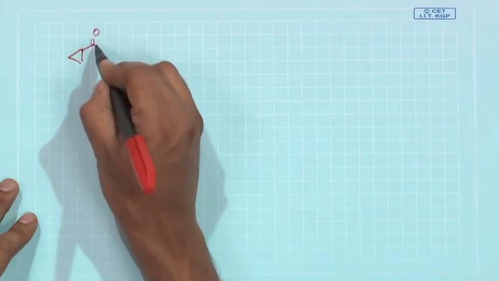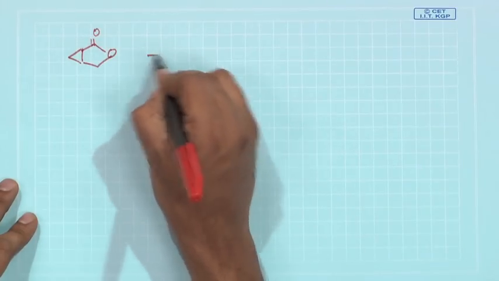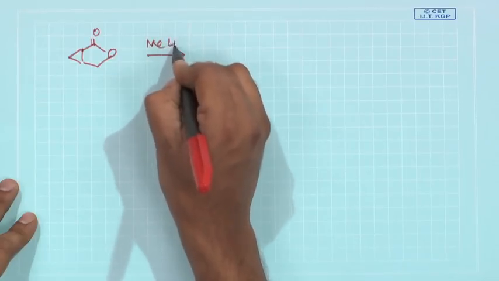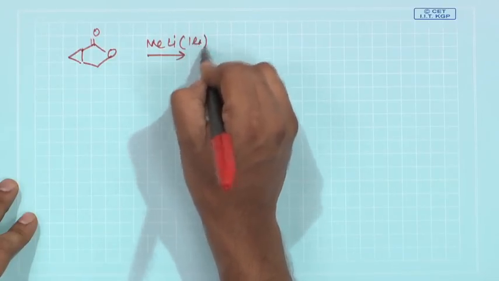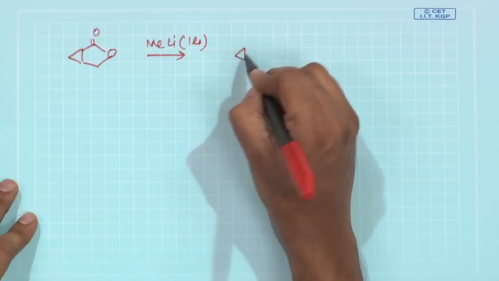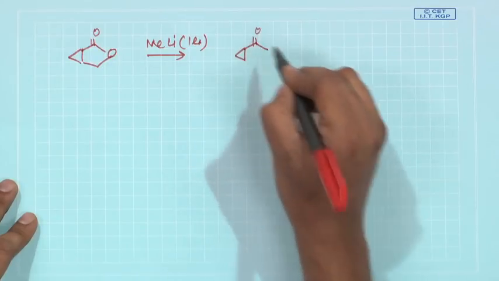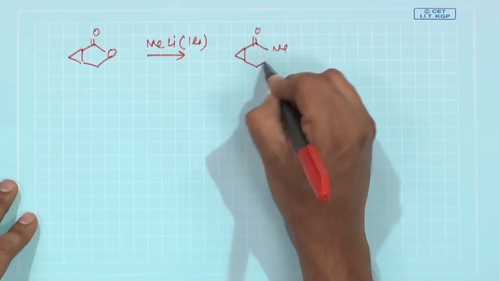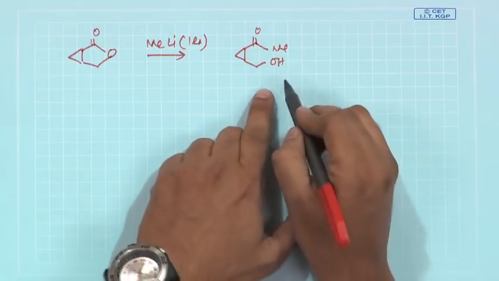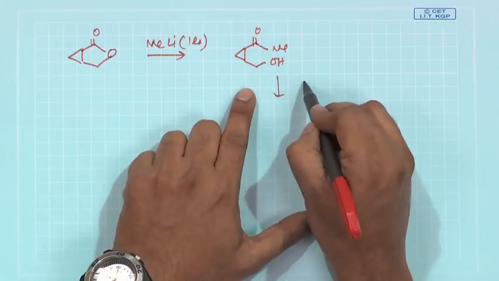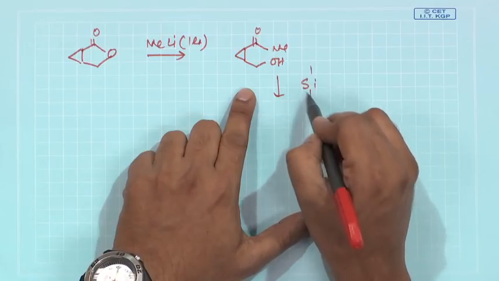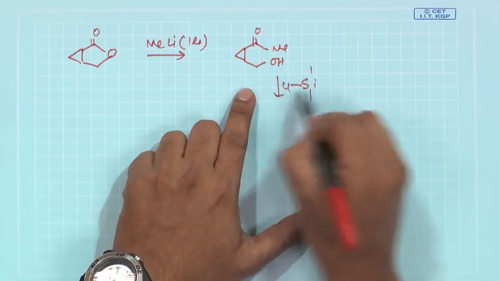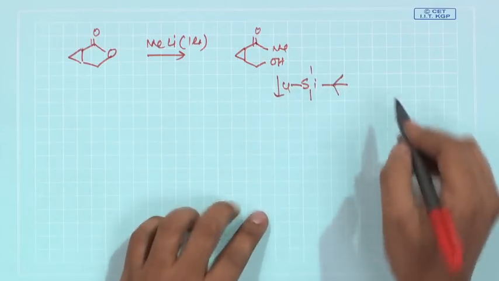We have a lactone here, we react with one equivalent of methyl lithium, and initially you will get this methyl ketone and CH2OH. Now, this CH2OH needs to be protected, that is why you put a TBS group, TBS chloride, tertiary butyl dimethyl silyl chloride.